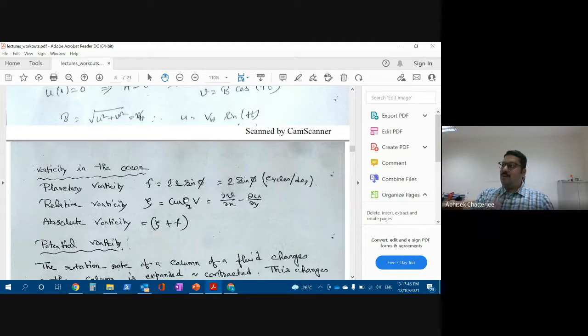Okay, our Coriolis parameter F is in Z component, and also for the relative vorticity I'm talking in terms of the Z component of the curl, which will turn out to be del V del X minus del U del Y. So in the next class you tell me why they are in the Z component.